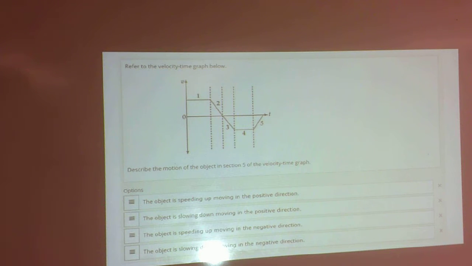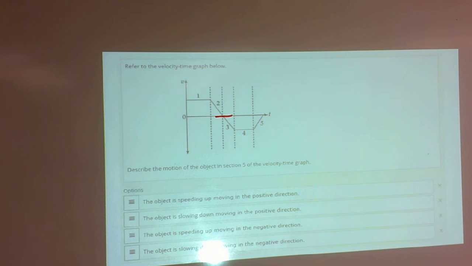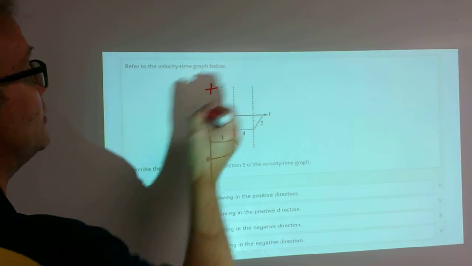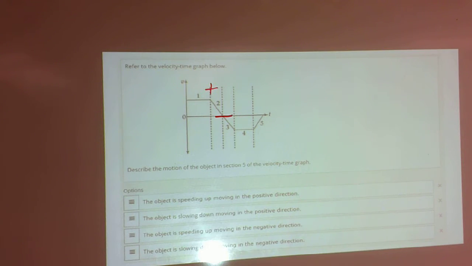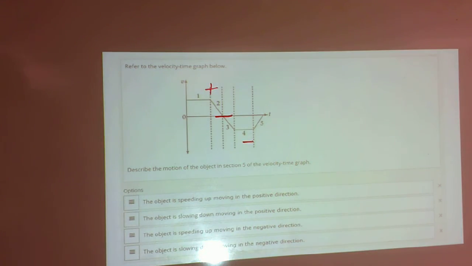So what you need to do is look at this as being the difference between speeding up, slowing down, and then my distances are going to start being positive here because I'm moving into a positive direction, and this part's going to be negative because it's below 0. So you can look at this as a regular graph, but you have to interpret too.